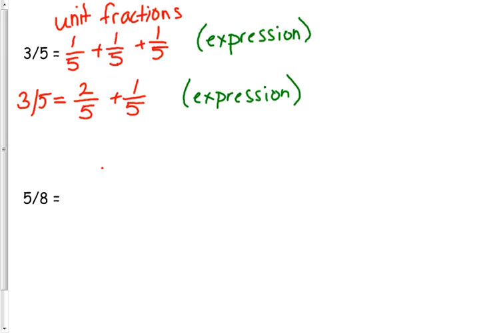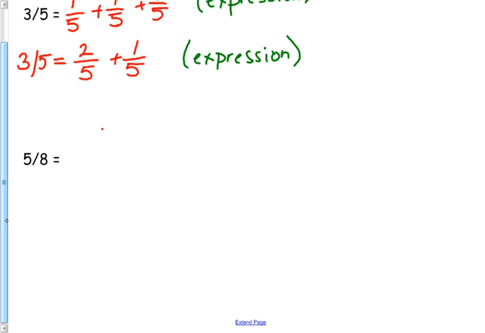So we're going to try the same thing with 5/8. We're going to start by decomposing using unit fractions. Now I know that my unit fraction always has to have the numerator of 1. So I need to have 1/8 because my denominator stays the same.